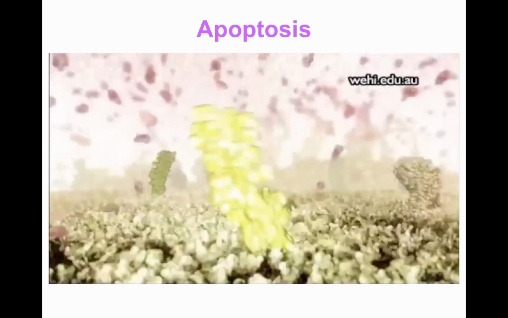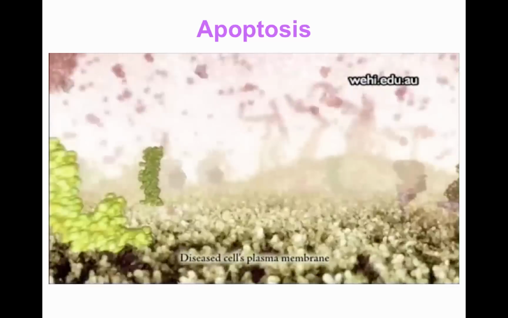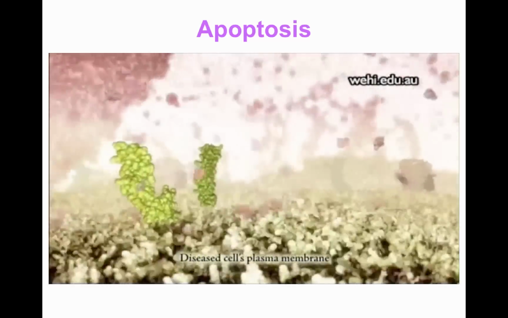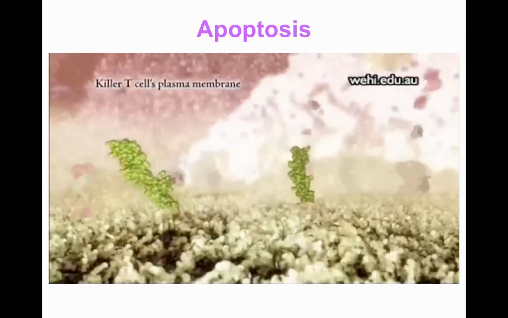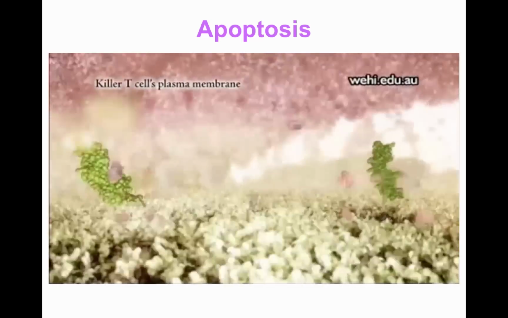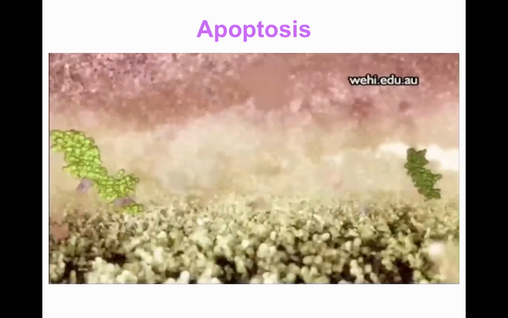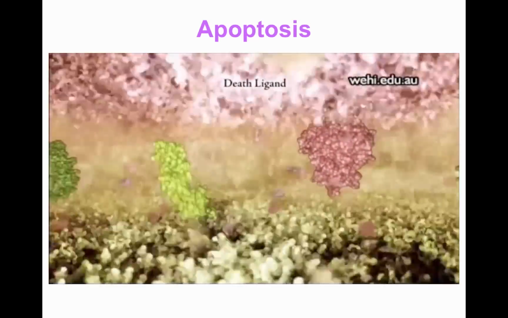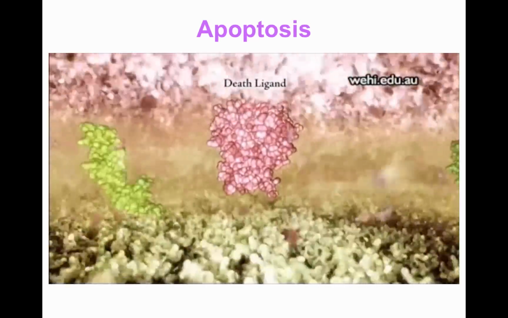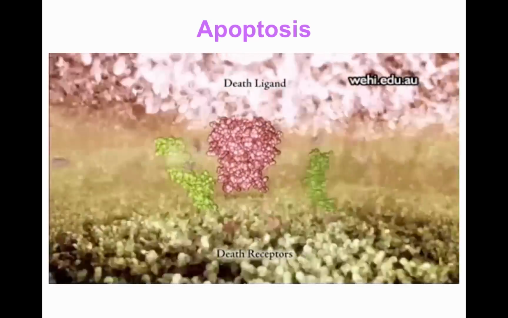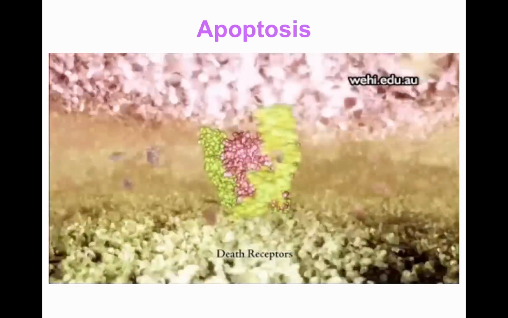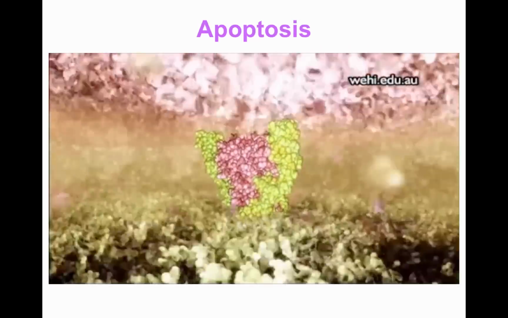The T cell has a death ligand on its membrane. Here you see the plasma membrane of the killer T cell approaching, and you see these green proteins, those are death receptors. So the death ligand is pink, and the death receptors are green, and you need to bind three death receptors.